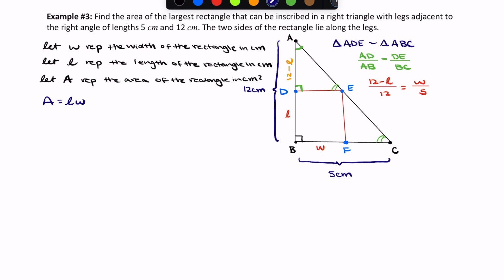And so here, if we recall, again, looking at these similar triangles, let's just review this here. So a review of similar triangles.